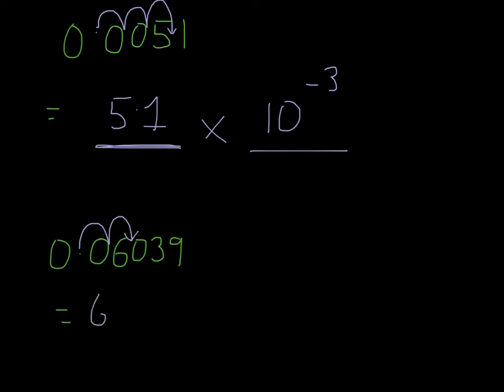So it becomes 6.039. All those values in their place are really important. Even though there's a 0 there, we don't want to change the value of the number. In this case, our power of 10, we've only moved the decimal point 2 times. Because it's a really small number though, it's to the power of -2. Because if we work back the other way, to get it from scientific notation to standard form, we'd be moving it 2 points backward in the negative direction.